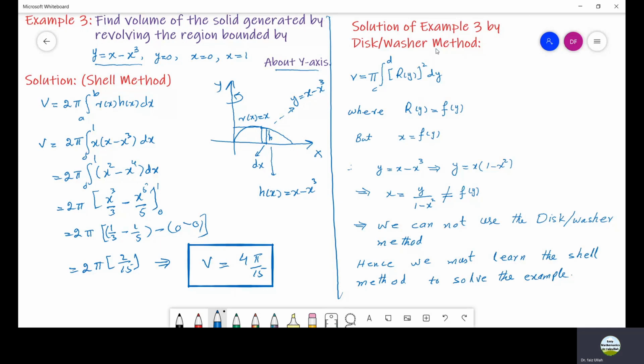Let us try to use the disk or washer method to solve example number 3. As we are rotating the region about the y-axis, we use this formula. Now here r(y) is a function of only y. So we need to write the given function as x = f(y).